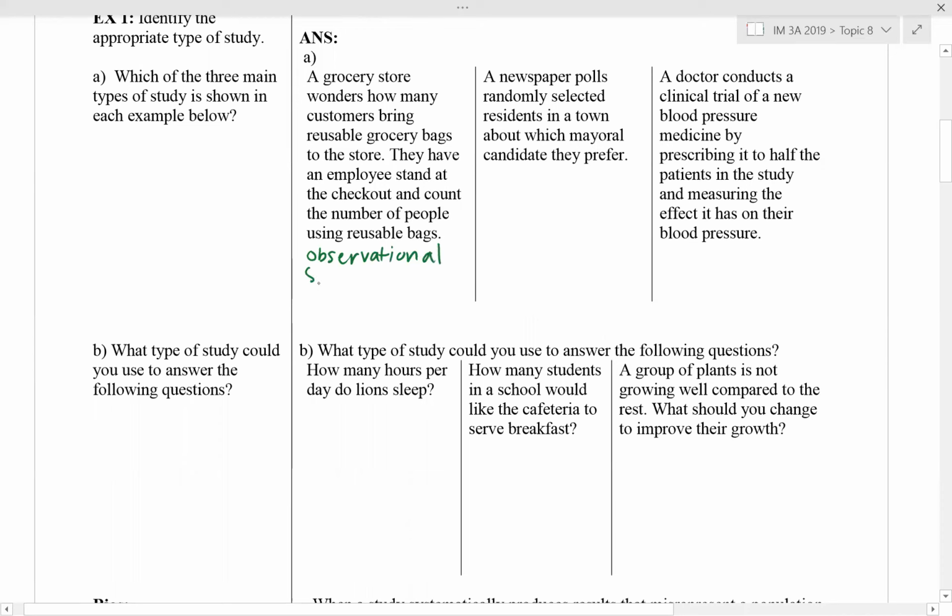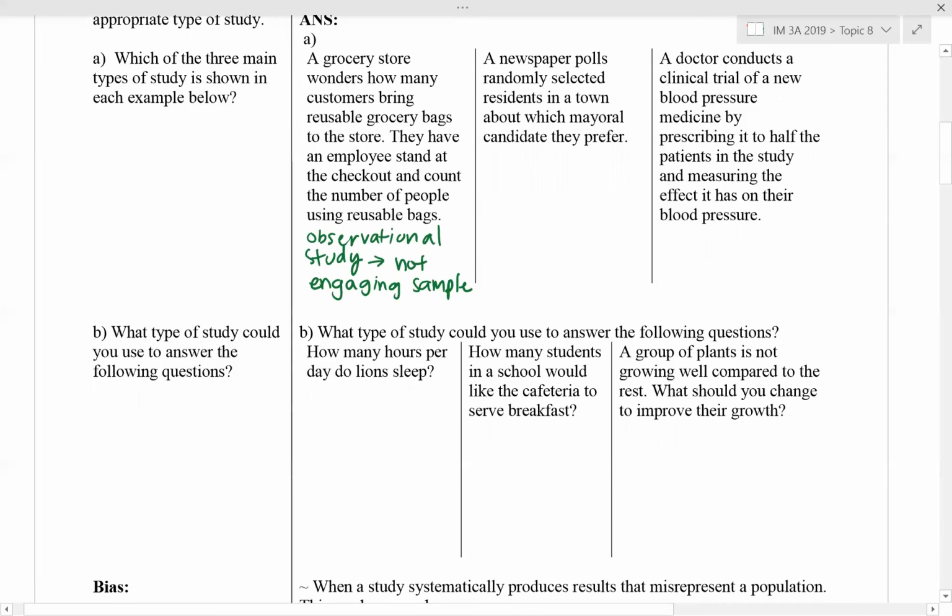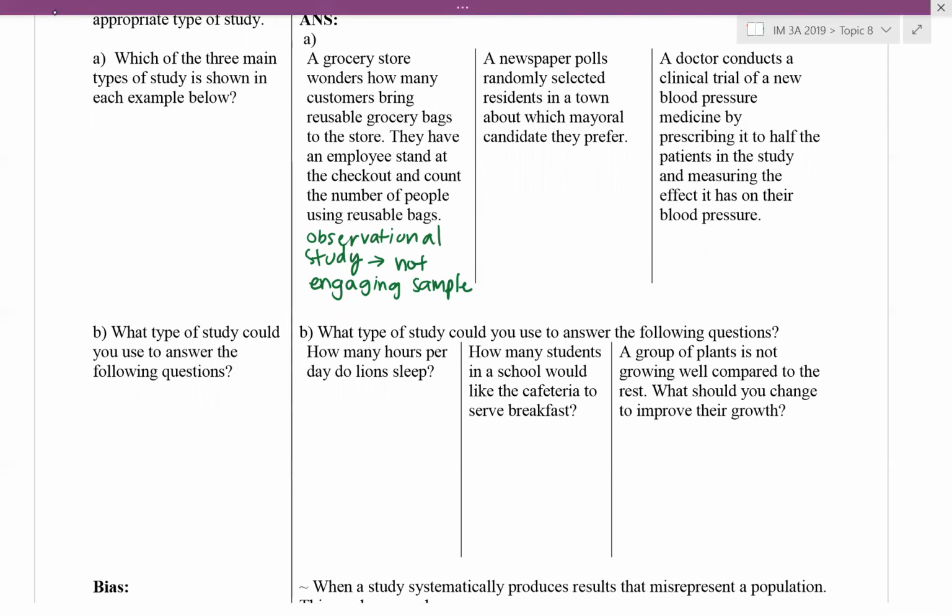Because of that, again, the key is that they are not engaging the sample. They have no idea that they are even part of the study. So that's a key to an observational study. For the next situation, a newspaper polls randomly selected residents in town about which mayoral candidate they prefer.